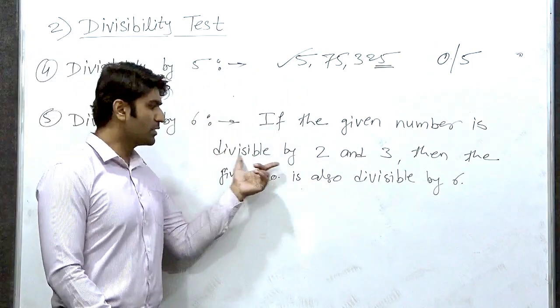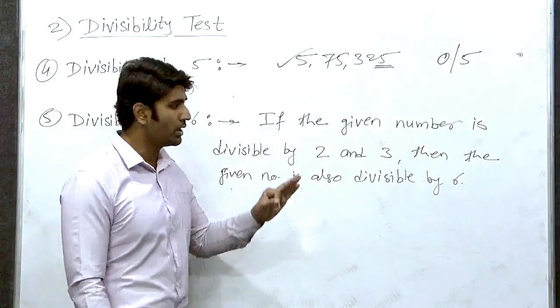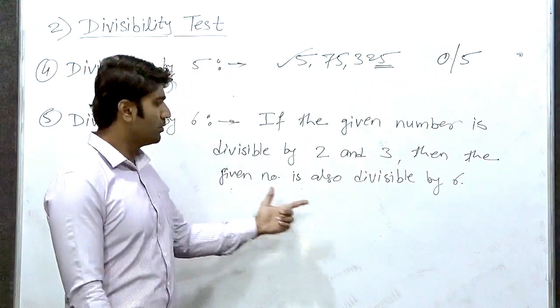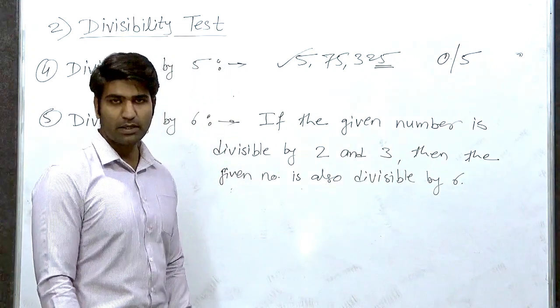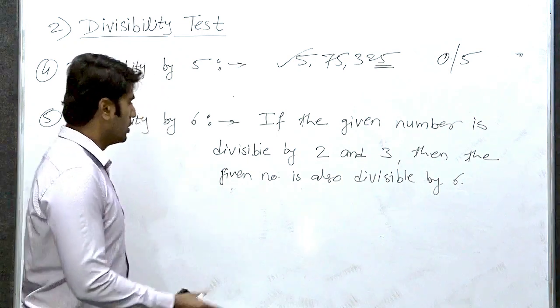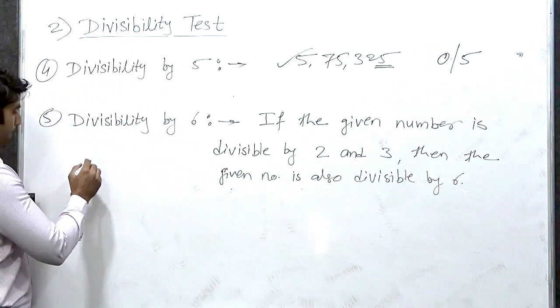If the given number is divisible by 2 and 3, then and only then the given number is divisible by 6. Okay, so let's take a number.